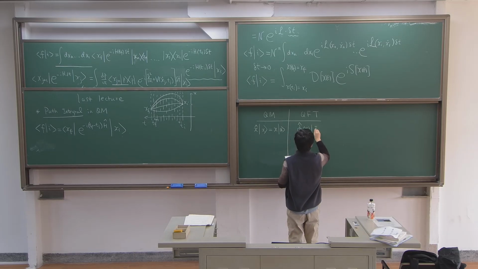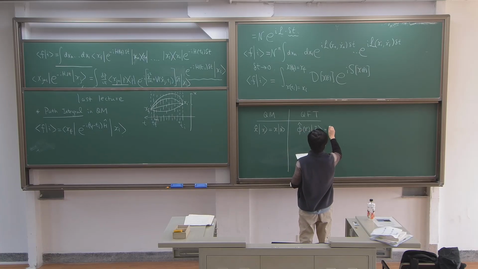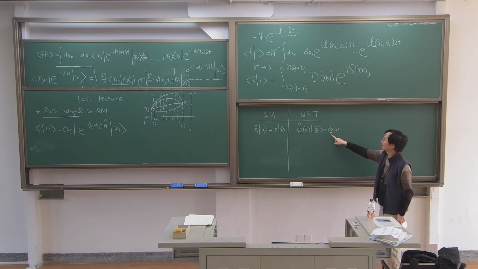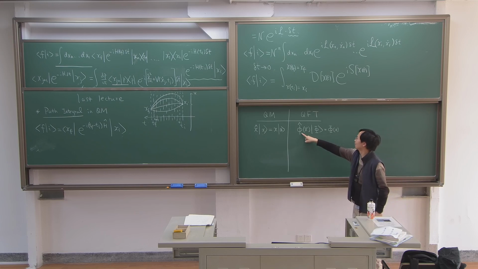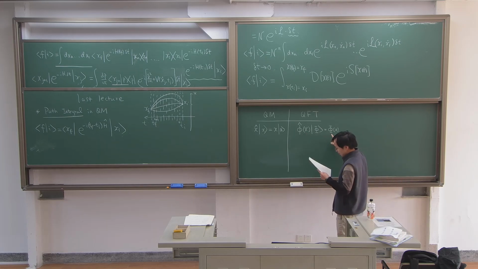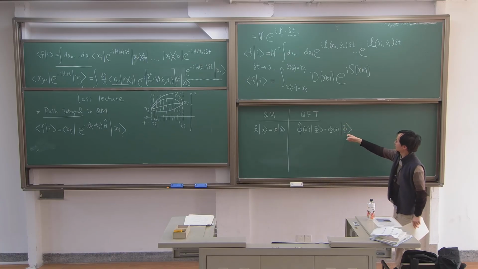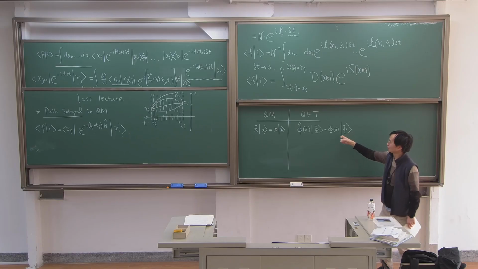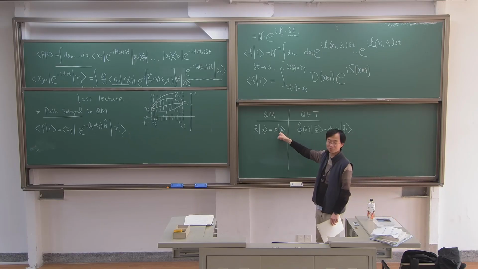Then what you should be clear about is this: the eigenvalue now is a function. Phi itself is an operator, and the eigenvalue is a function. The configuration eigenstate we now denote as this phi state. This is the analogy in quantum mechanics for this x.